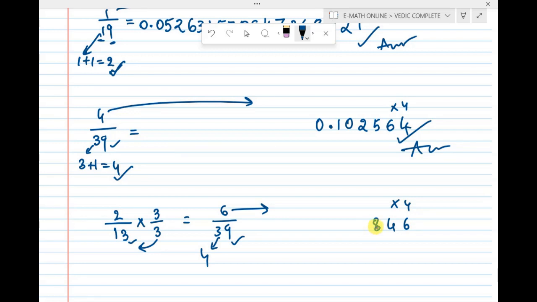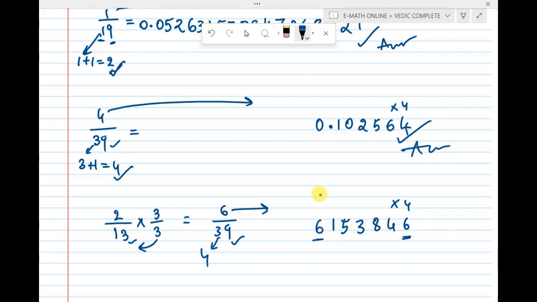And 1 in your mind. Next, 8 fours are 32 plus 1, 33. 3 in your mind. 3 fours are 12, 12 plus 3, 15. 1 in your mind. 5 fours are 20. 20 plus 1, 21. 2 in your mind. 1 into 4, 4. 4 plus 2, 6. And 6 fours are 24.